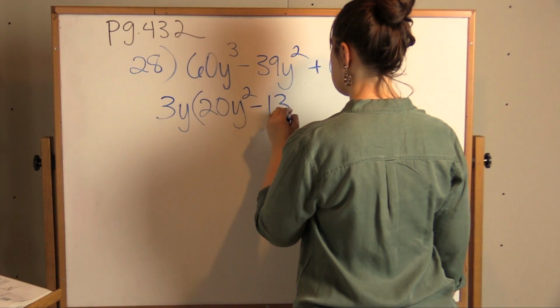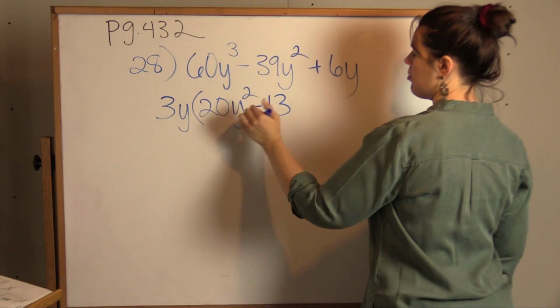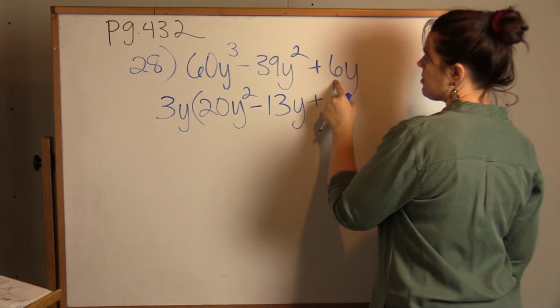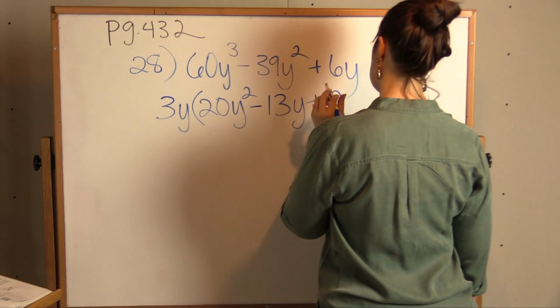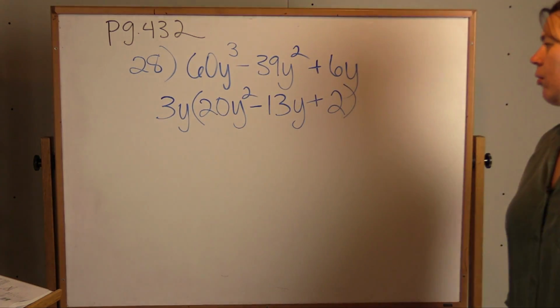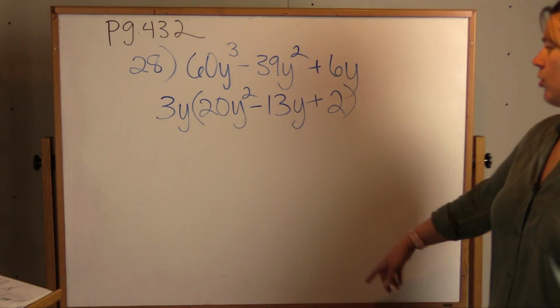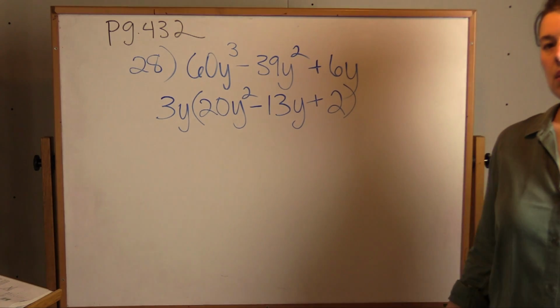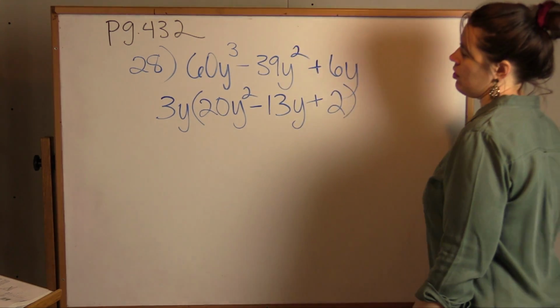So minus 13. We have y squared, we removed 1, so we're left with y. Plus 6 divided by 3 is 2. Y, we removed it. So now I'm left with a trinomial in the form of squared, one variable, and a number. So that means I can go ahead and move forward with factoring further.